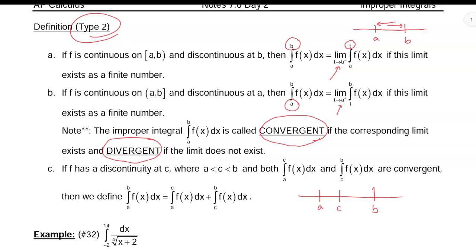You're going to need to split it up into an integral from a to c and then an integral from c to b. We will take a one-sided limit as t goes to c from the left on the first integral, and then the limit as t approaches c from the right on the second integral.